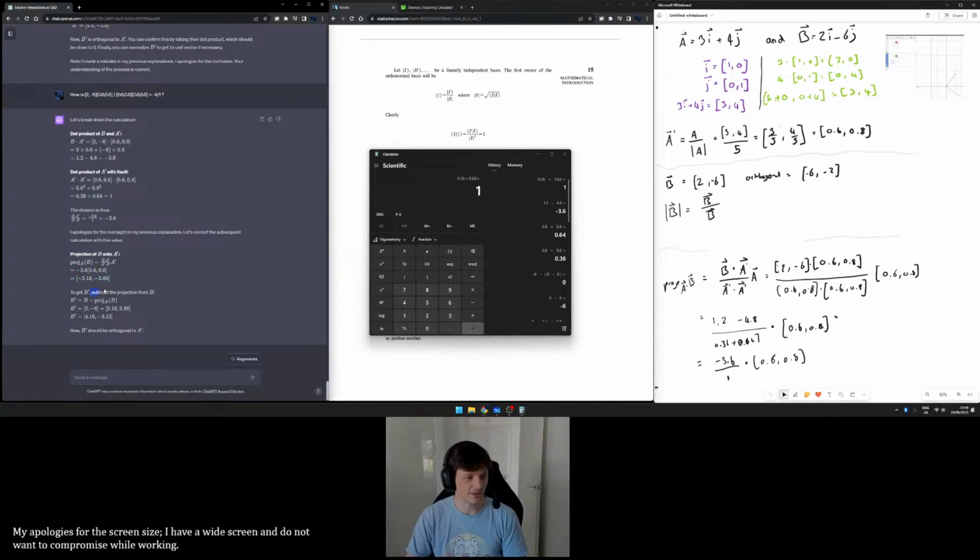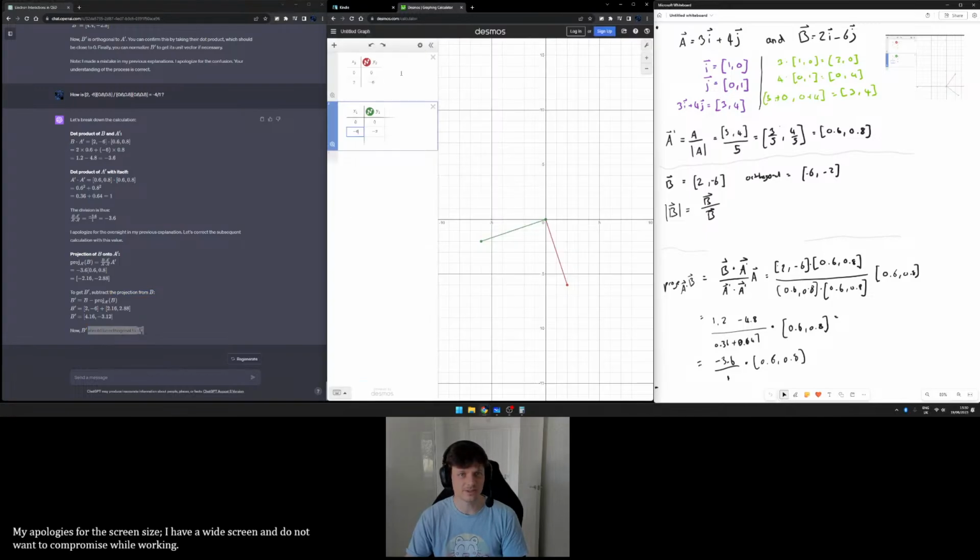And then to get B, you subtract the projection from B. Now B should be orthogonal to A. So let's take these numbers and see. So A is 3 and 4, and I don't think this is going to be right. 4.16, negative 3.12.